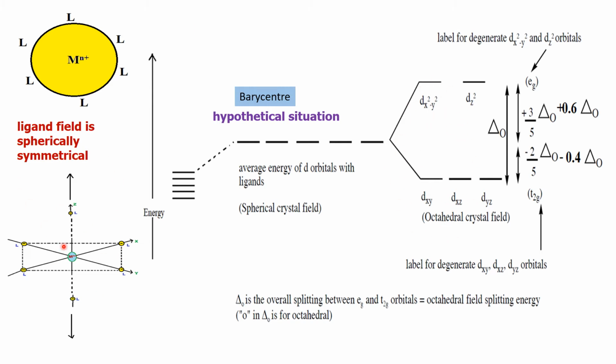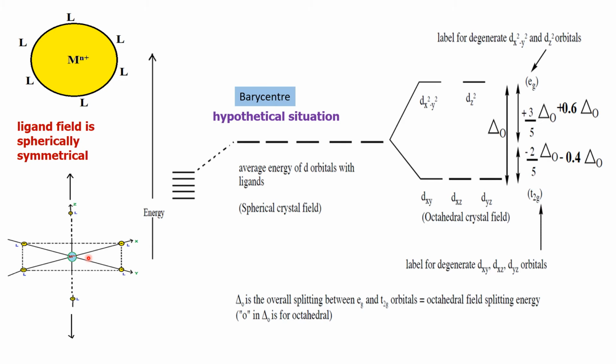When the ligands approach the central metal ion, the d orbitals directed towards the ligands, that is the EG orbitals, cause more repulsion and have higher energy compared to the orbitals that are not directly approached by the ligands.